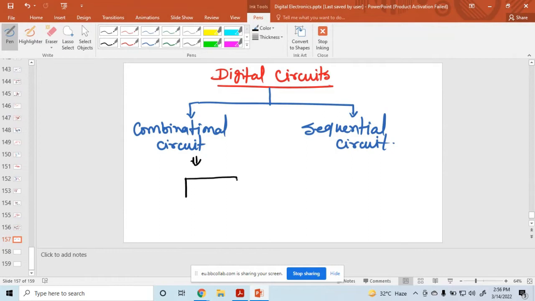It's a block diagram like this one. This is called a combinational circuit. Just a minute, I'm taking another block.